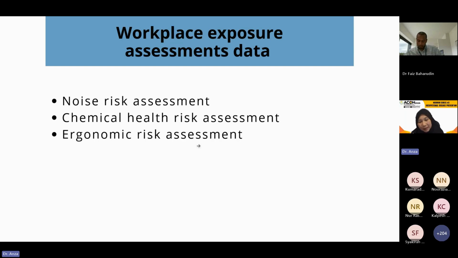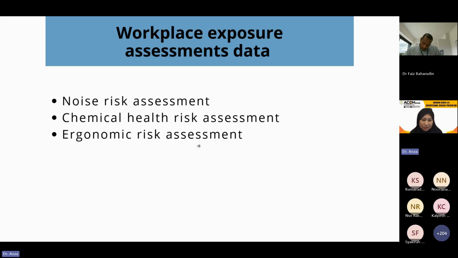What I need to remind you is, yes, we take the exposure history from the patient, from the employee, but we need to verify it with the workplace exposure assessment data. Examples are noise risk assessment, chemical health risk assessment, and ergonomic risk assessment, because these are our tools to look at the exposure. It's a quantified risk assessment.